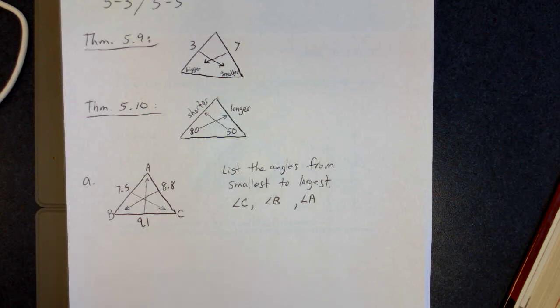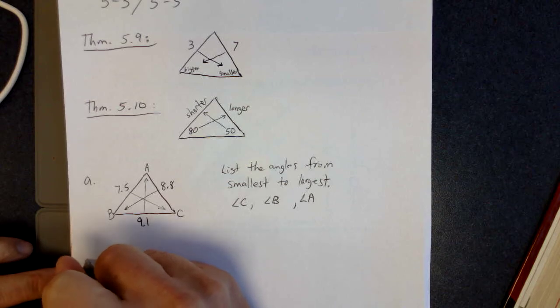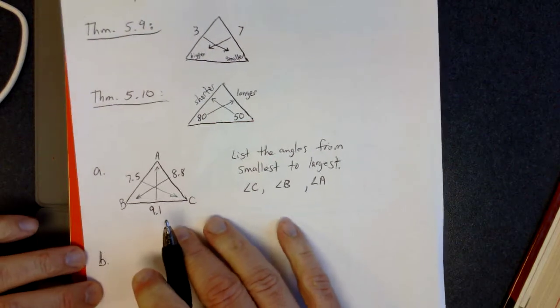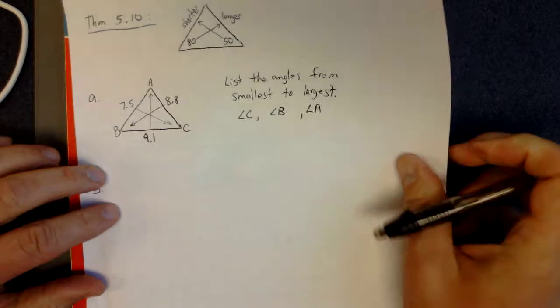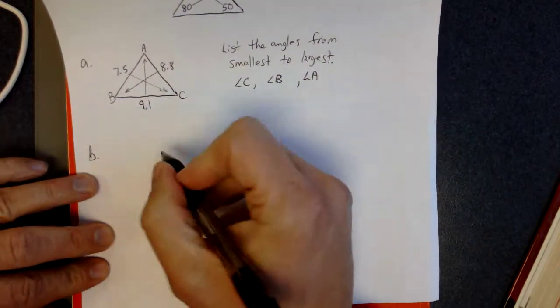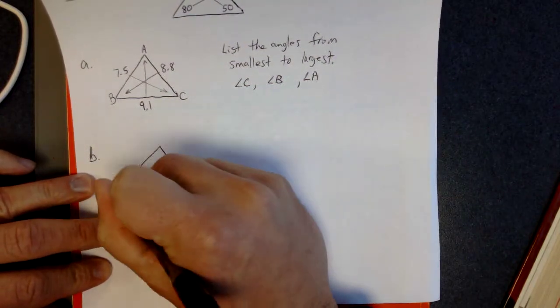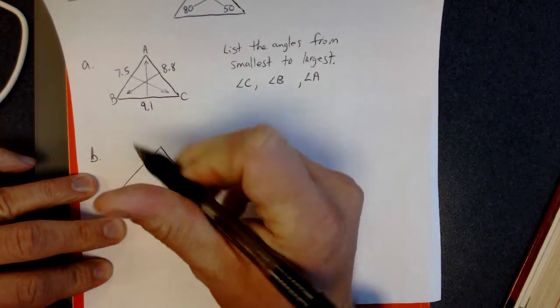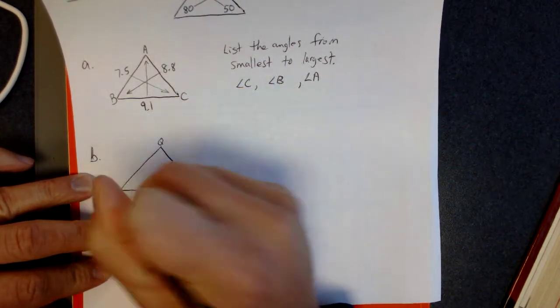All right, now that's doing it when they give you the sides. We can also do it where they give us the angles. So let's do one of these. This time around we're going to give you a triangle. We'll go with some different letters here.